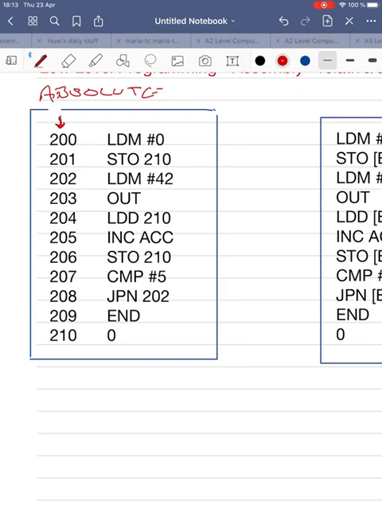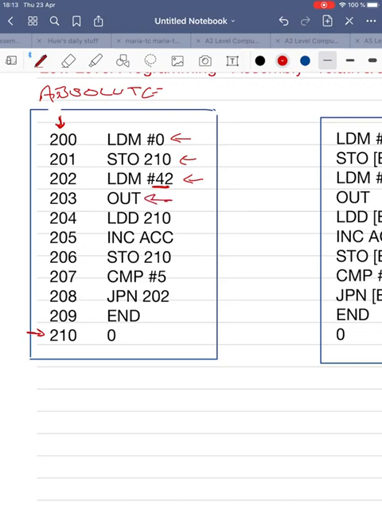Okay, so the first instruction uses immediate addressing, and it loads the value 0 into the accumulator. The second stores the value at location 210, which is here. So this stores this 0 in 210. Then we load, again using immediate addressing, the value 42 into the accumulator.